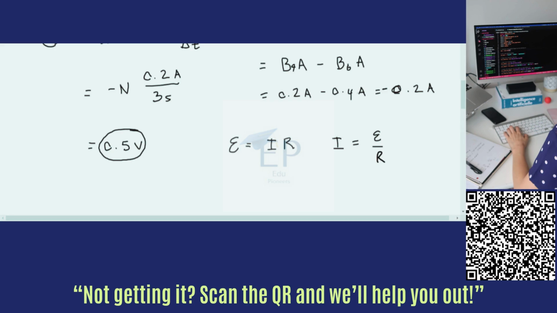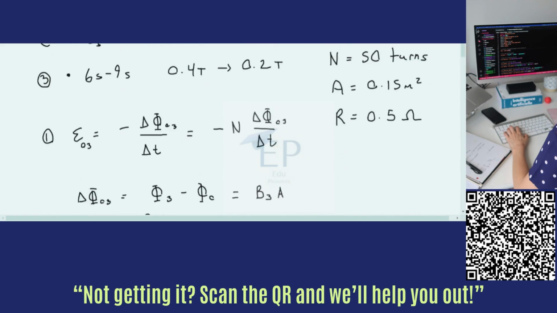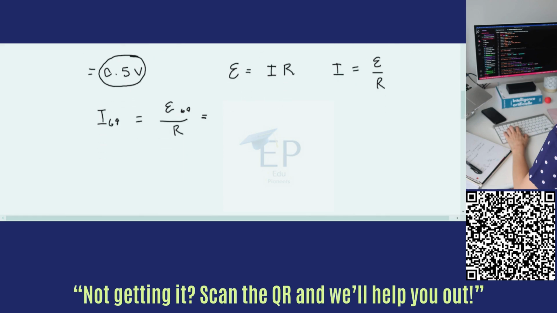So since we're right here, we can figure out the induced current in the 6 to 9 second period, which is just the induced EMF in that same period divided by our resistance, which our resistance was 0.5 ohms. And if we put those numbers in, we will have 0.5 over 0.5, which is just 1 amp.